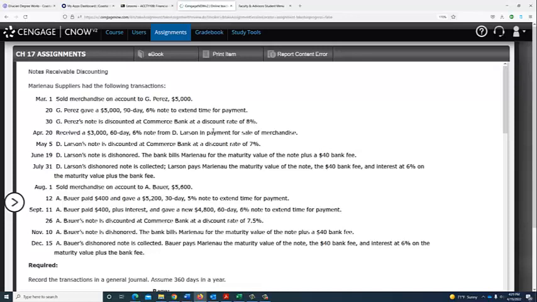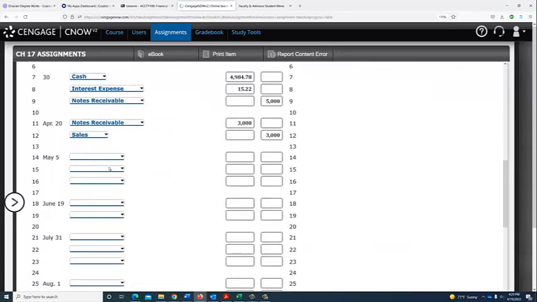In order to get the proceeds, we're going to take the maturity value of $3,030, subtract $26.51, and we'll get proceeds of $3,003.49.